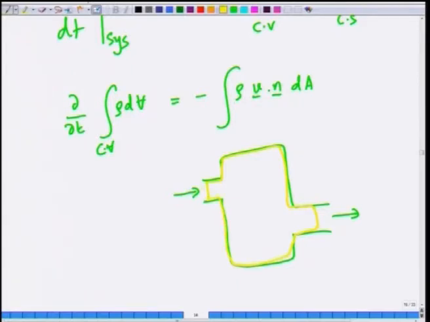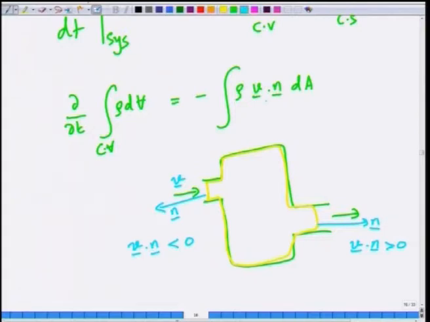The key thing that we emphasized many a time in this course is that n is a unit outward normal to the control surface. So, at inlets the velocity and the normal are in opposite directions, v dot n is negative, and at the outlet v dot n is positive.